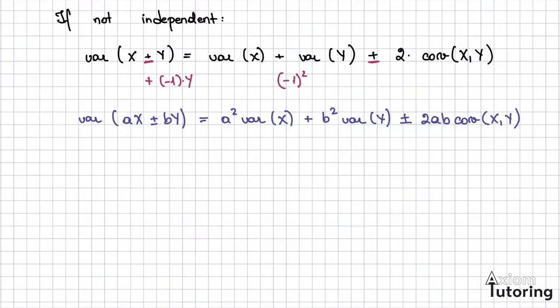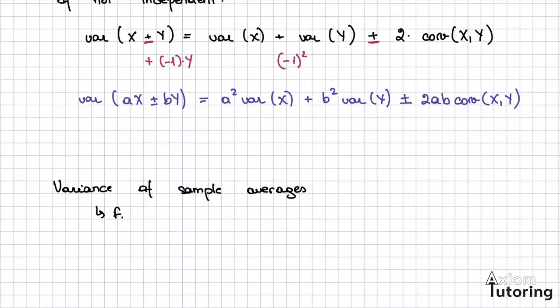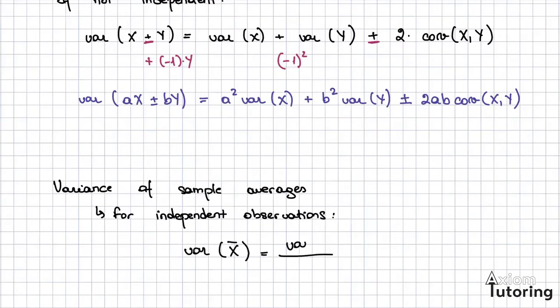Before we conclude the video, I'm also going to show you the variance of sample averages and the rule behind it. The idea is that for independent observations, we're going to find that the variance of the average of x is ultimately equal to the variance of x divided by n.